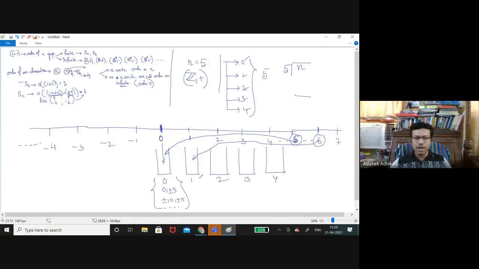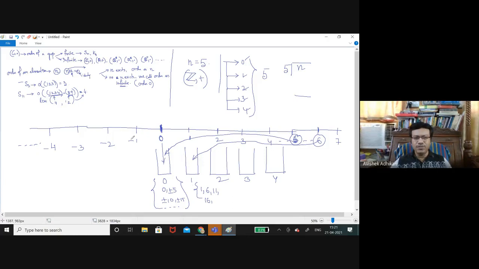If I consider 1, then you can understand who would be the elements here in 1: 1, 6, then 11, then 16. And in case of negative elements, what elements would be here? Can anybody tell me? For negative elements, which element will come here in the 1 bucket?